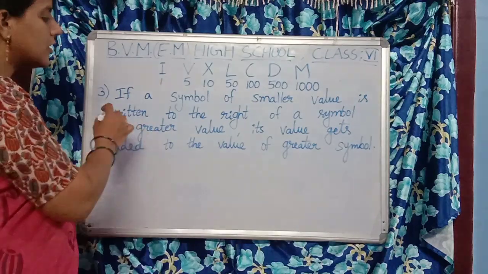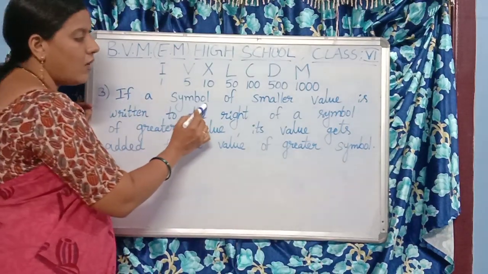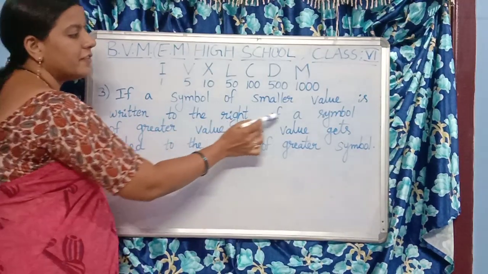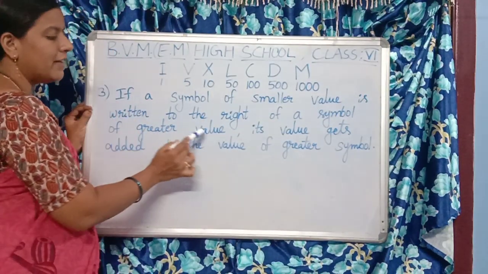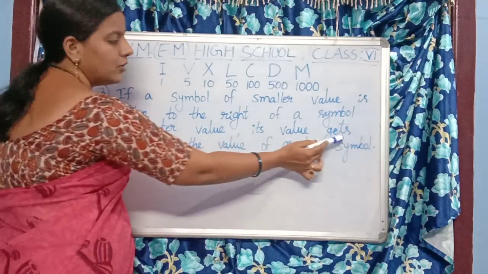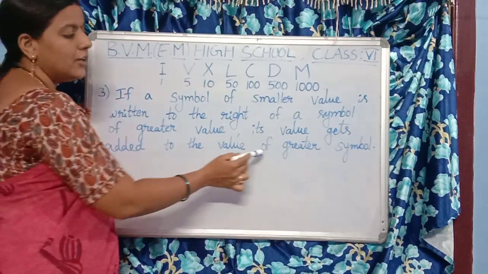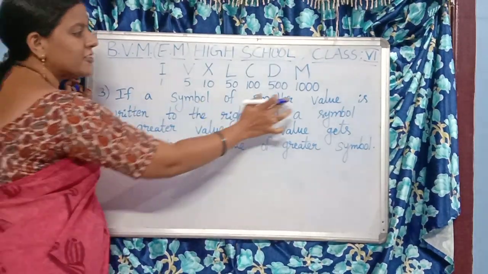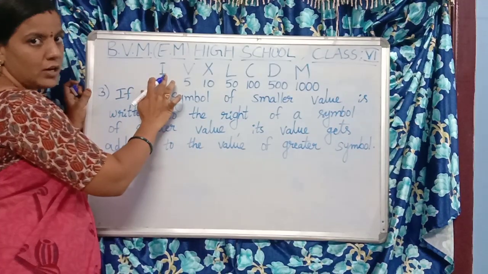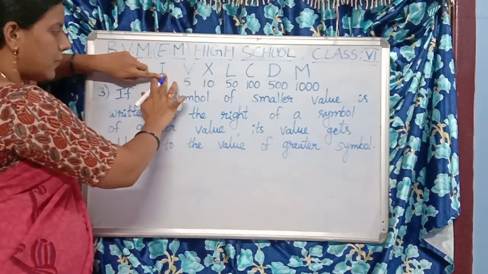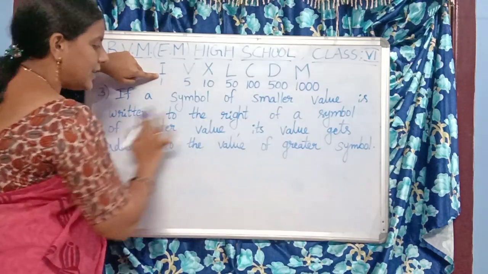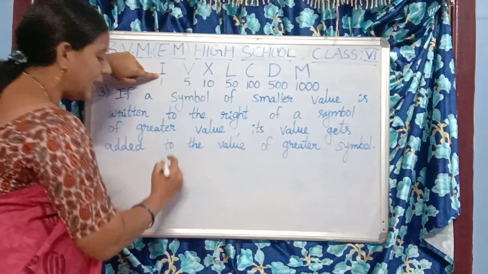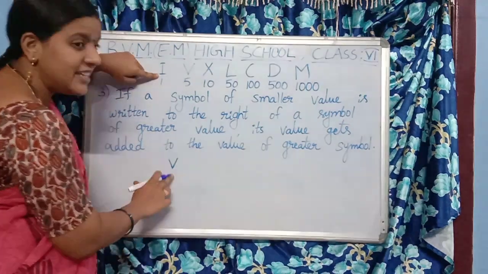Look, children, what is rule number 3? If a symbol of smaller value is written to the right of a symbol of greater value, its value gets added to the value of the greater symbol. Let us take an example. Take VI. V represents 5.